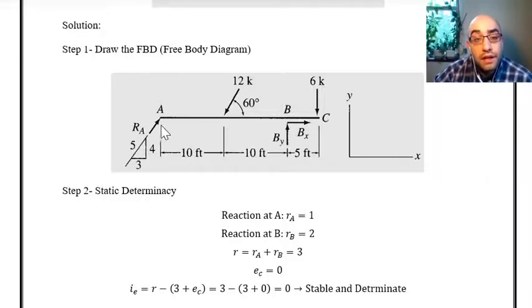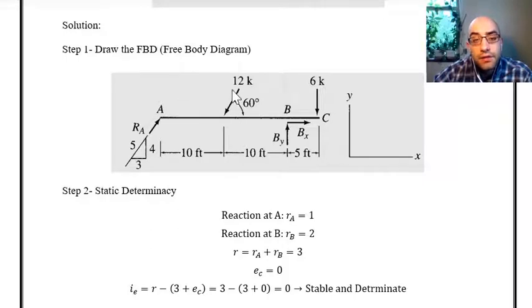But the vertical component, or the component in the y direction, has 25 feet distance to point C, so that will create a moment, and that moment will be clockwise, right? So RA multiplied by 4/5, which will be the y component or the vertical component, and then multiplied by distance will be the moment because of this RA. And that should be negative because that is clockwise.